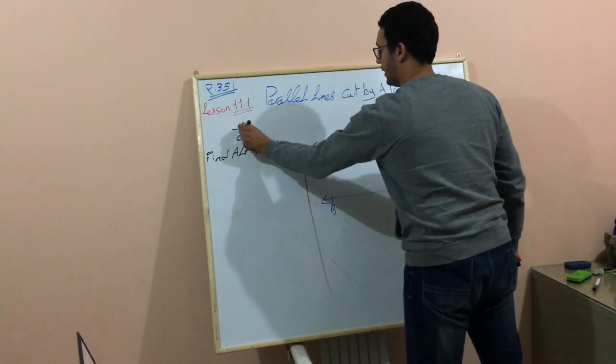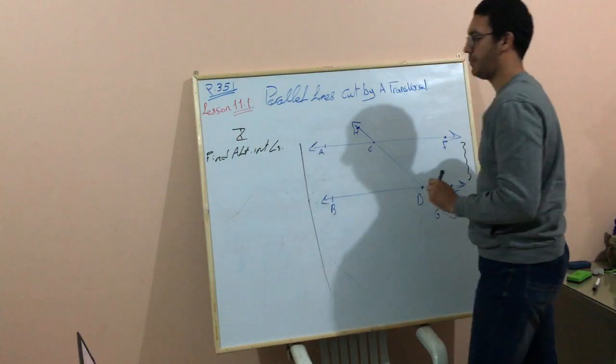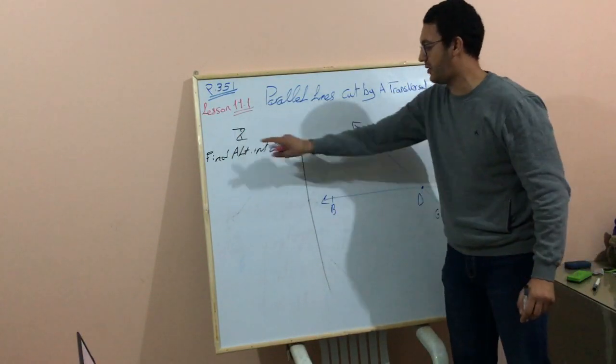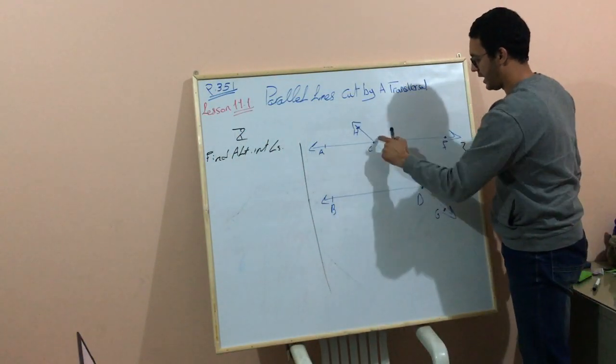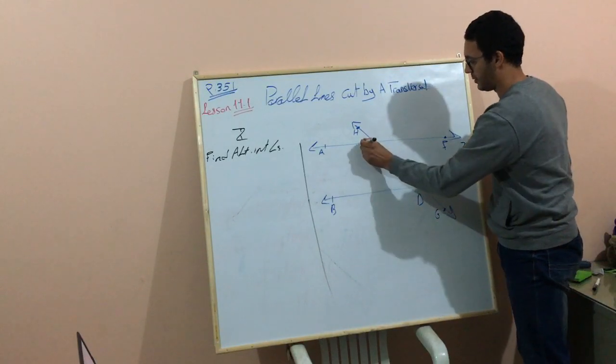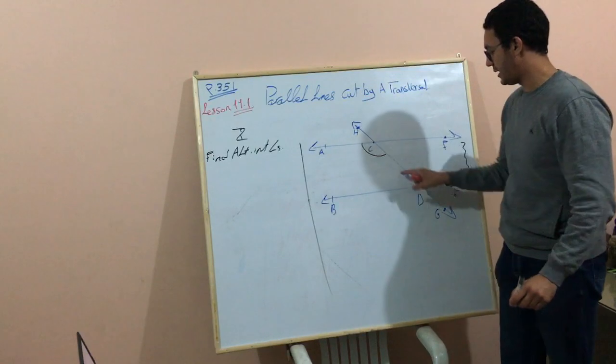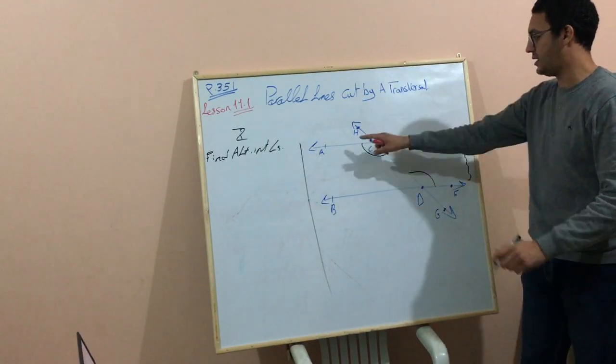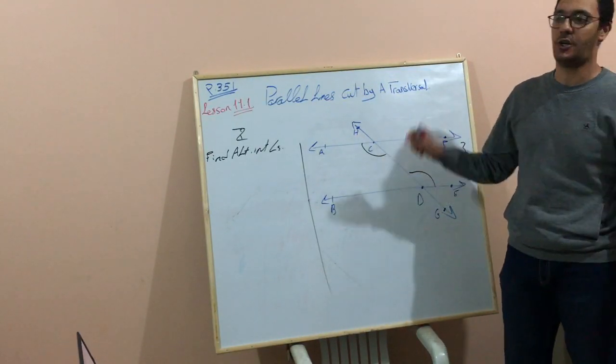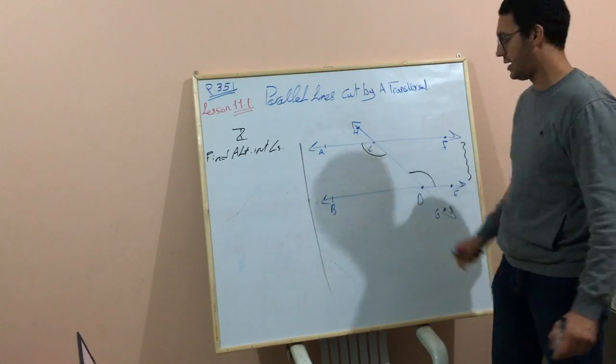So this part and that part are the angles that we are looking for. So I'm going to say that is the Z. I'm going to talk about this part and that part. So I'm going to name this angle and this angle. These two angles are equal in measure because they are alternate interior angles.